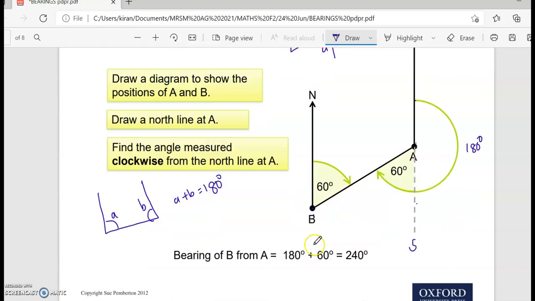So 180 plus 60, the answer is 240. So the bearing of B from A is 240. That was the bearing of A from B being 60 degrees.